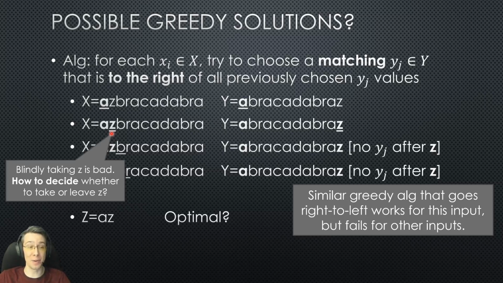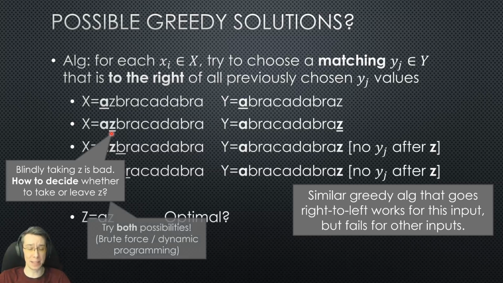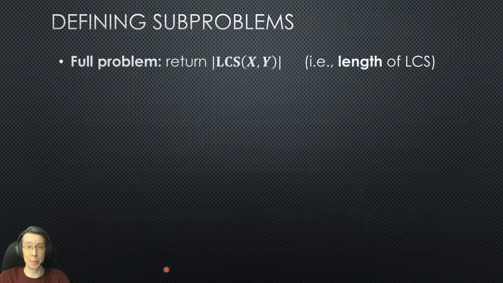Our decision is irrevocable in a greedy algorithm. In dynamic programming, we could try both, and take the max of both options. So we can try all possibilities using dynamic programming, and that's going to help us get an optimal solution. And it turns out the runtime will be actually quite reasonable.